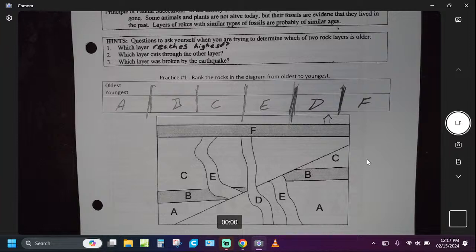Two of them are switched, unless I could be wrong. Oh, this is really confusing, isn't it? It says oldest, youngest. So I don't know why this reformatted itself.